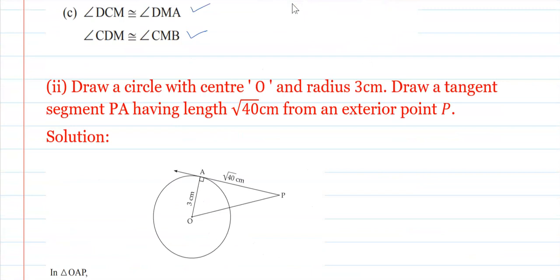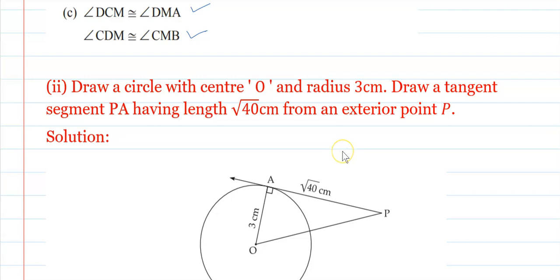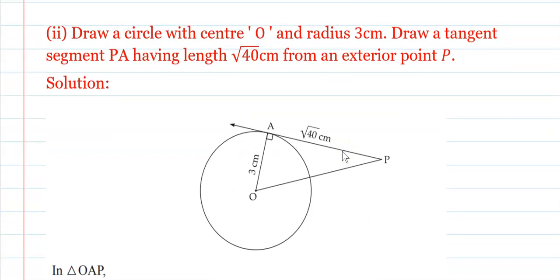Now the next. Draw a circle with center O, radius 3 cm. Draw a tangent segment PA of length root of 40 cm from an exterior point P. This is the rough figure, where O is the center and PA is the tangent.